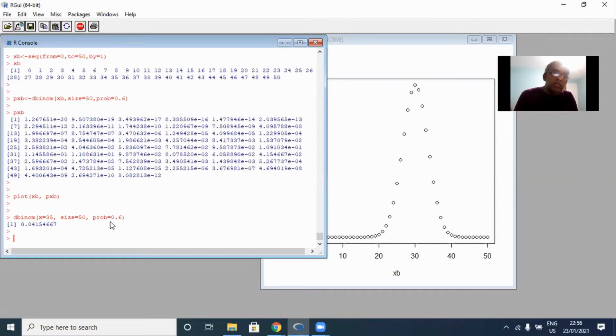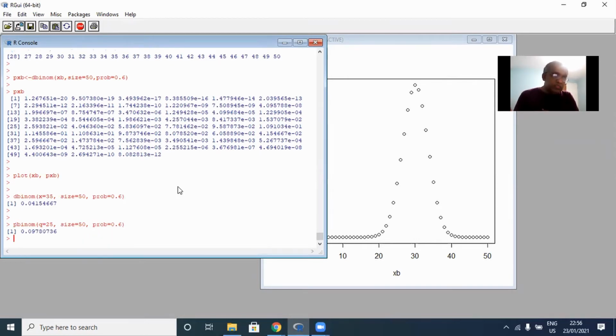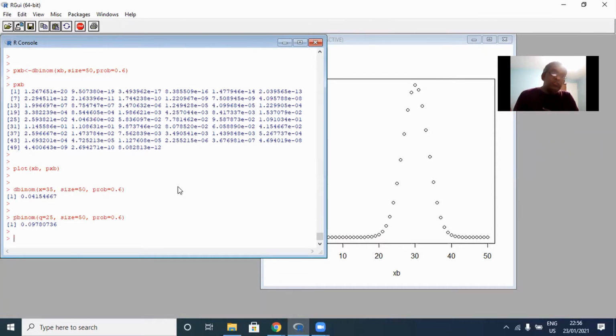And this command here, pbinom, when q is 25, size is 50 and probability is 0.6, computes the probability that a binomial random variable with parameters 50 and 0.6 is less than or equal to 25.